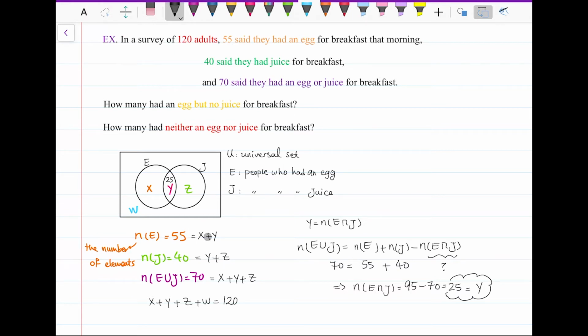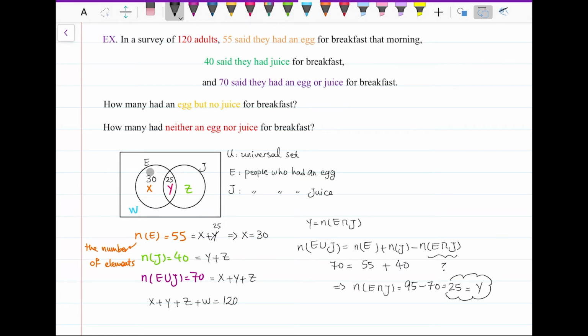Very good. Now look at all the equations that I have. I have y equals 25. Since x plus y equals 55, and y is 25, therefore x would be 55 minus 25, so x is 30.